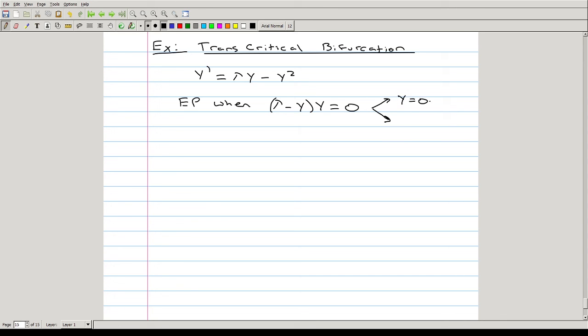One where y equals 0 and one where y equals lambda.